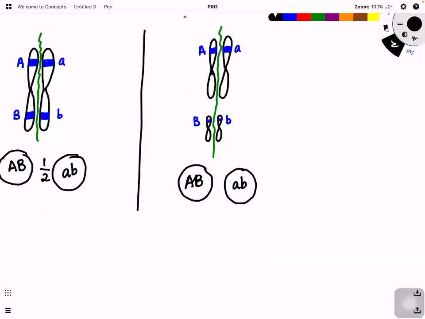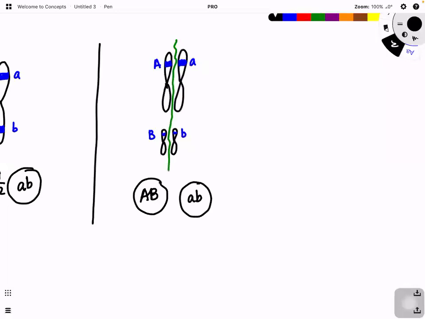But because independent assortment takes place, the arrangements or alignments of the chromosomes during metaphase 2 may not be the same as the first one.